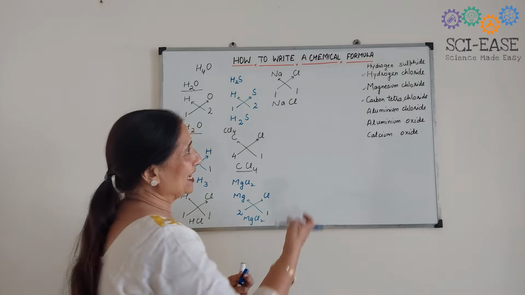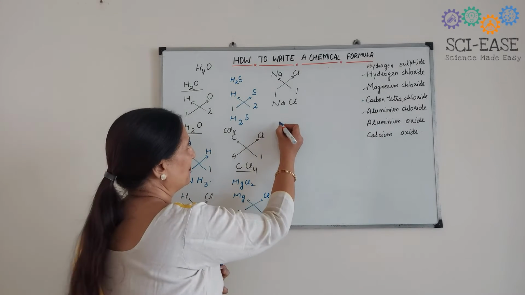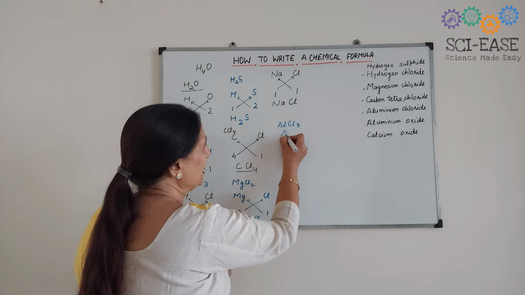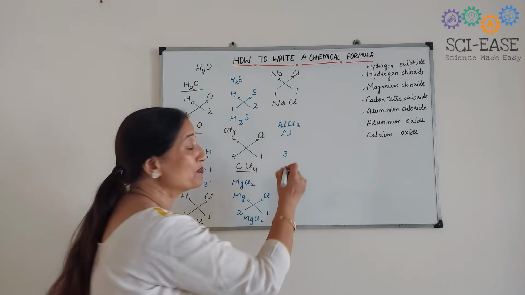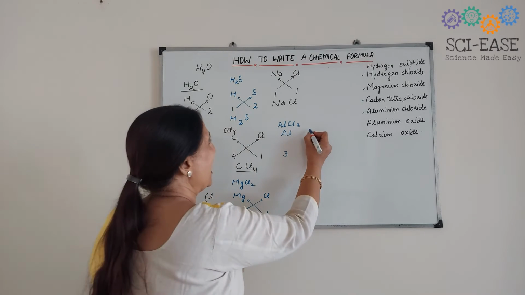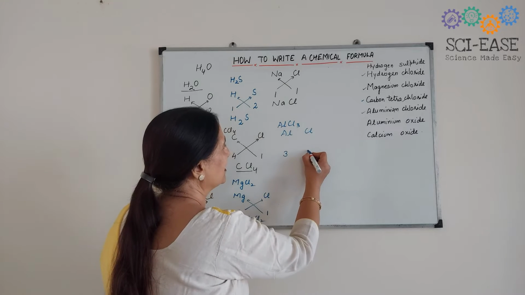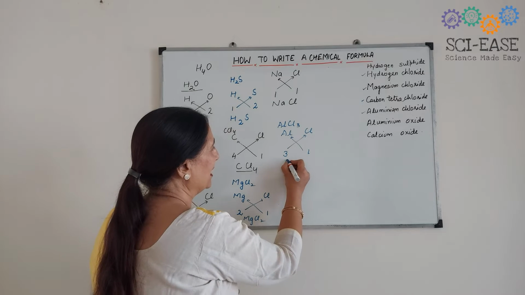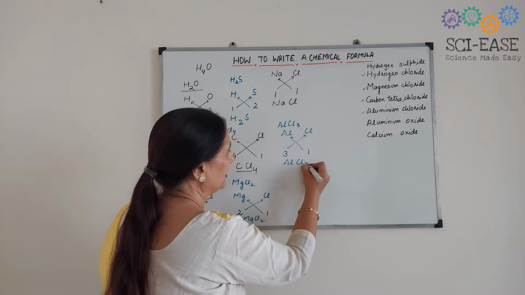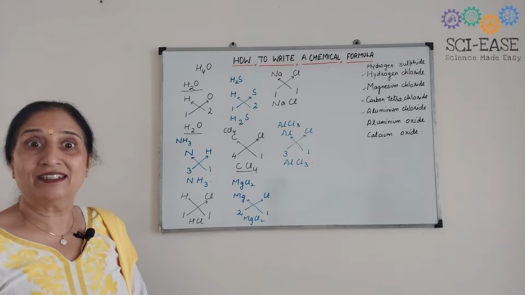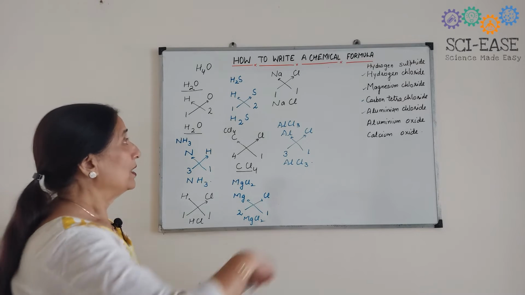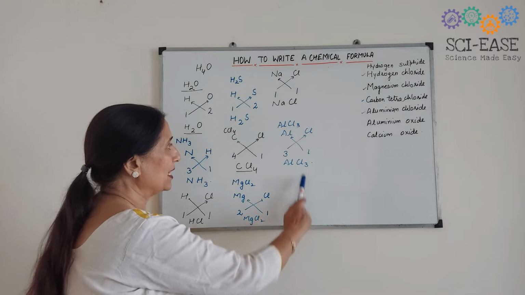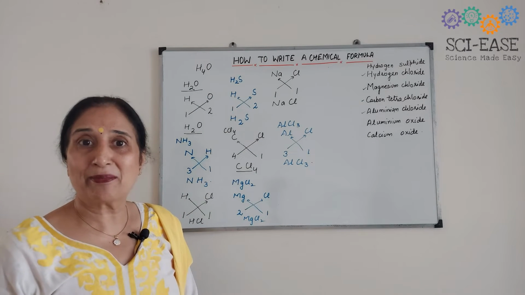Next I will take aluminium chloride. Aluminium has valency 3, which means it is trivalent. And Cl has valency 1. Again cross it. What will you get? AlCl3. So I have written here 3 chlorides: sodium chloride, magnesium chloride, and aluminium chloride.